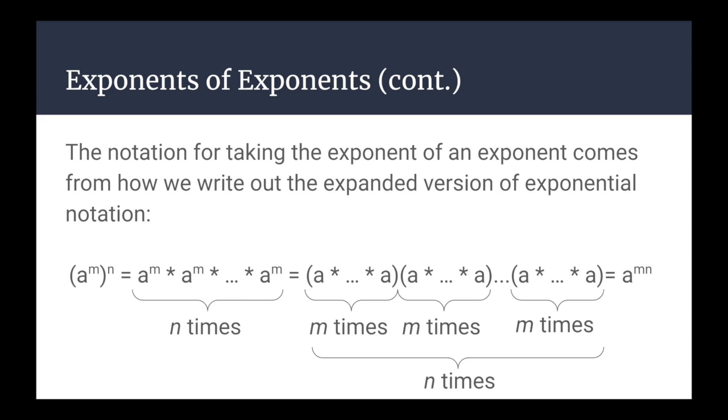So we have a times a, m number of times, a times a times a, m number of times. So we have a, m times n times. So we have m n number of times, so that would be m times n. So that's how we get a to the m power to the nth power is equal to a to the power of m times n.